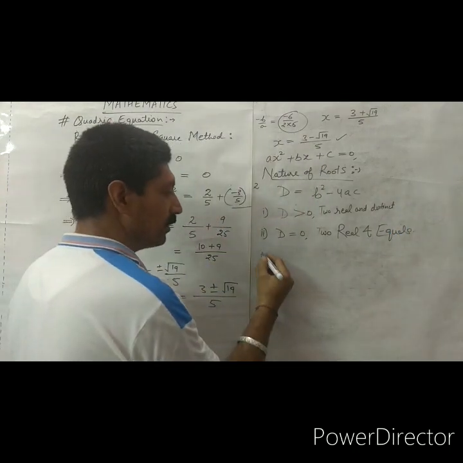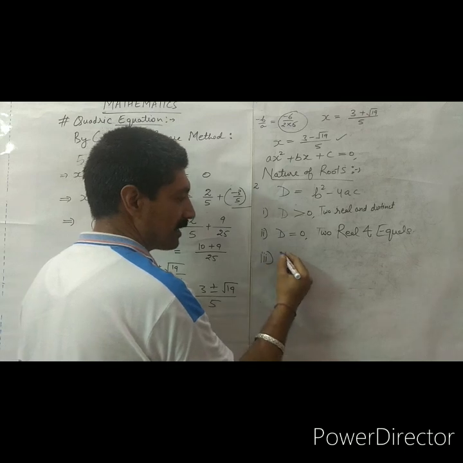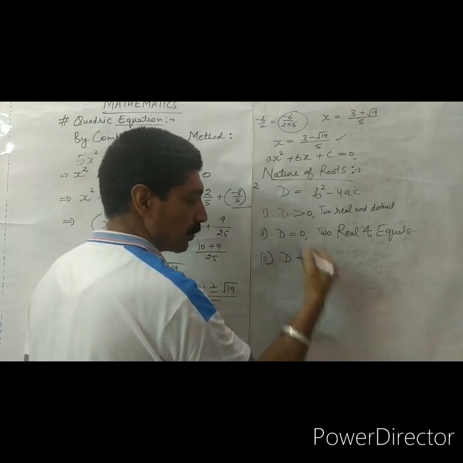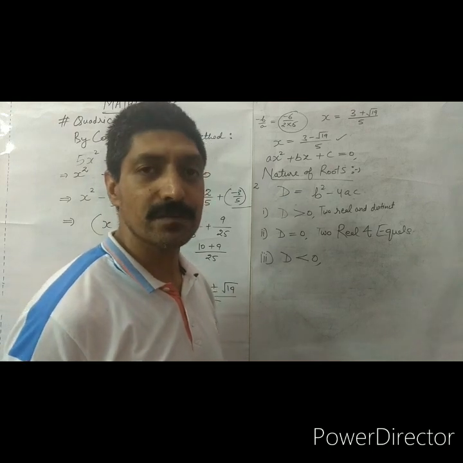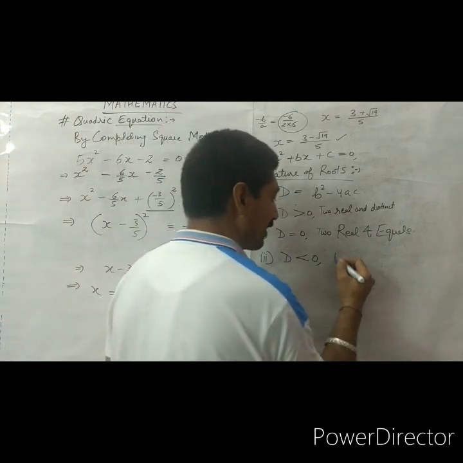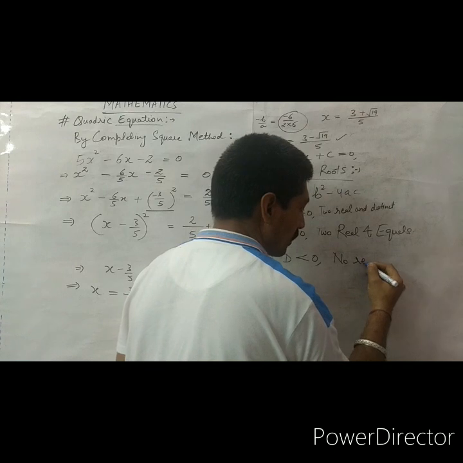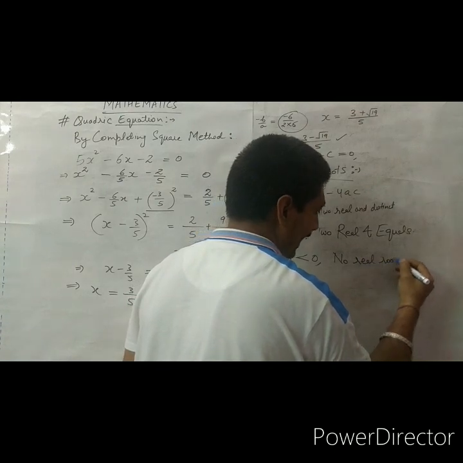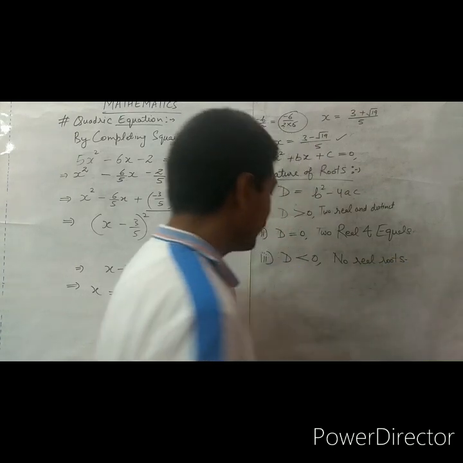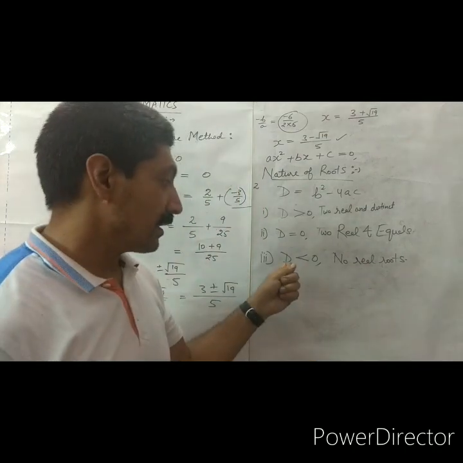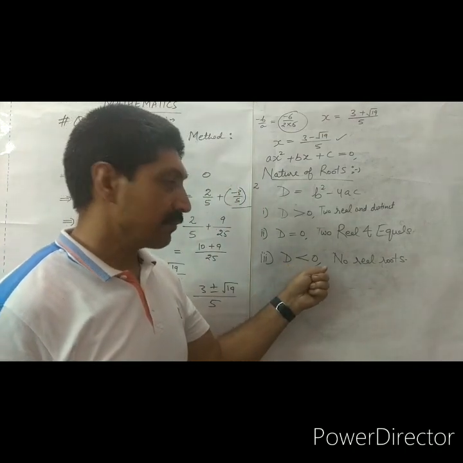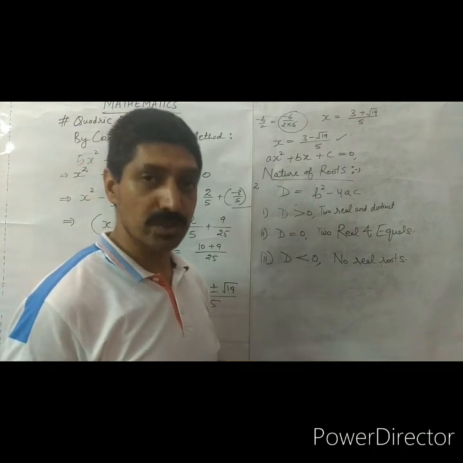And the third one, when the value of the discriminant is less than 0, then no real roots exist. Or in another way, when the discriminant is less than 0, we have imaginary roots.